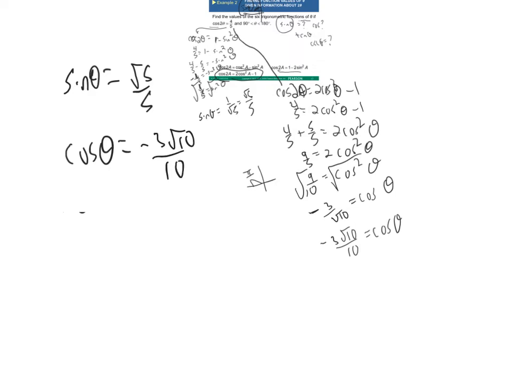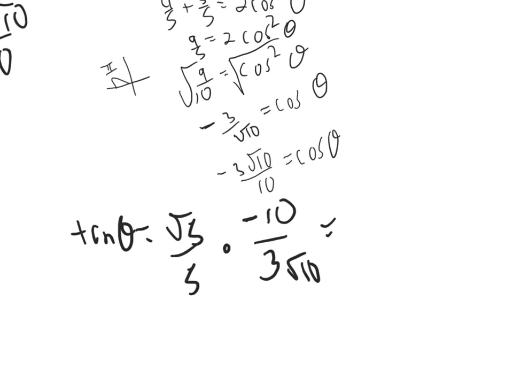Tangent of theta, I'm just going to use that tangent of theta is the sine over the cosine. Square root of 5 over 5 times the reciprocal of the cosine, negative 10 over 3 square roots of 10. The 5 cancels out the 10 with 2, so that gives me negative 2 square roots of 5 over 3 square roots of 10.